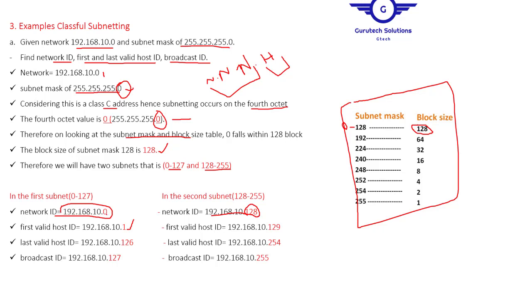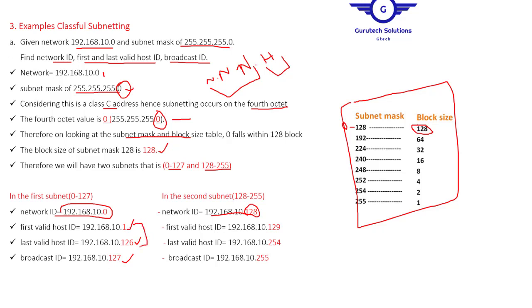The last valid is 126, and the broadcast ID is 127. We say that the broadcast ID is the last step before moving to the next subnet. If the next subnet is 128, the previous step is 127. And if the broadcast ID is 127, the last valid host ID should be 126.